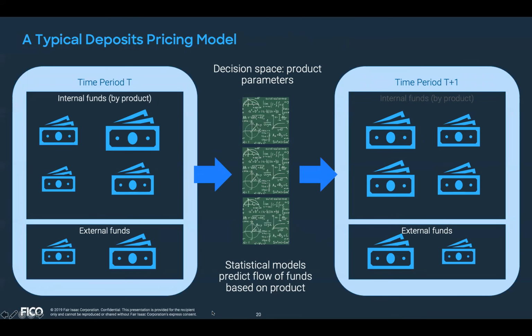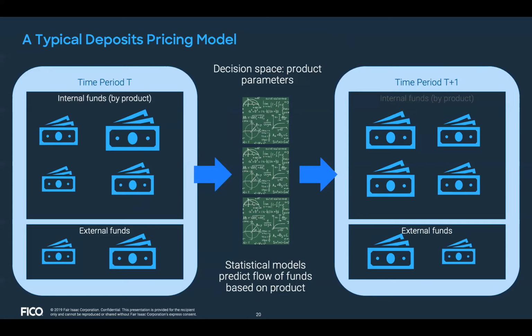Then another example, now think about deposits. So you have a set of different funds. Again, you want to make offers to your customers, and you're looking at the market from one time period to the next, and depending on what rates and terms around your deposit offerings you're offering, you will see a movement from one fund to the other over time. And we're looking just at 2 time periods.